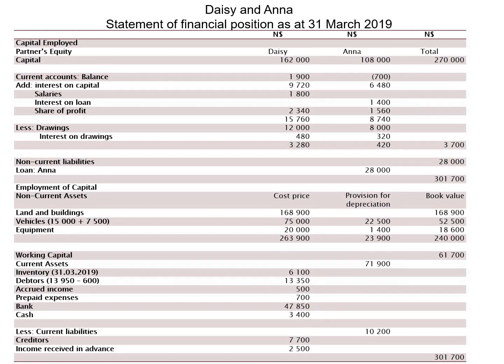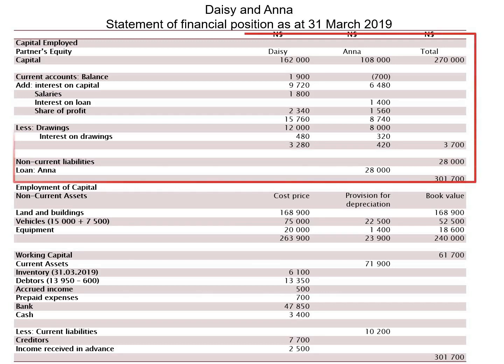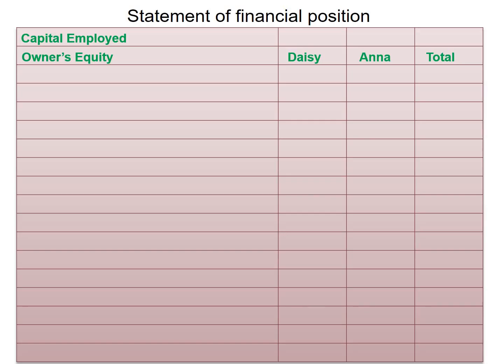Here's our statement of financial position, but since we've covered this in a previous video, we will only focus on the capital employed area. So what you need to not do is write down owner's equity. You need to replace that and write down partner's equity, because we won't be dealing with a sole owner, we'll be dealing with partners.